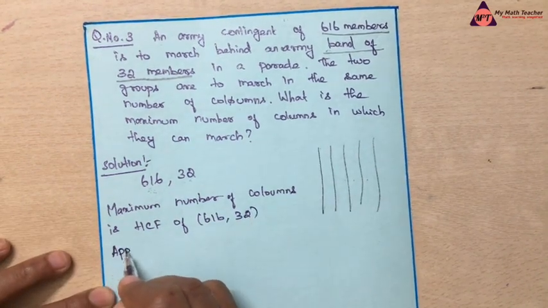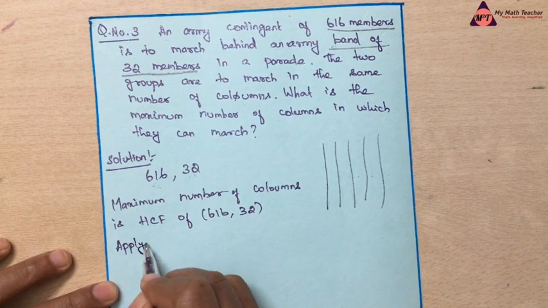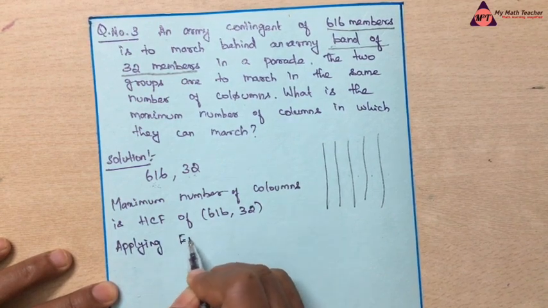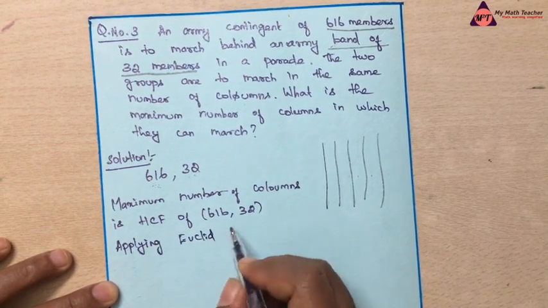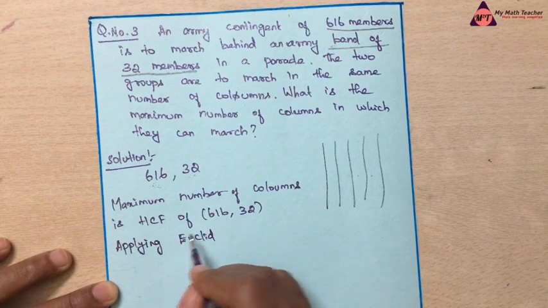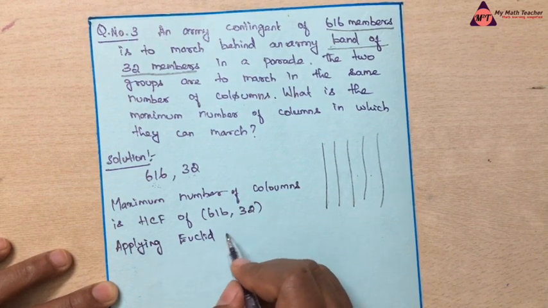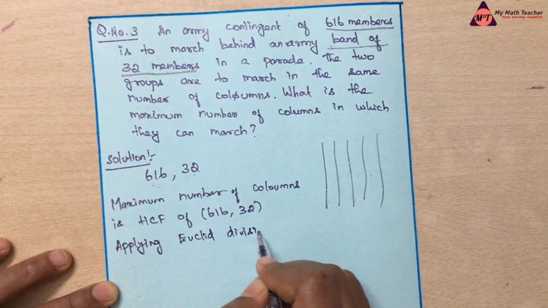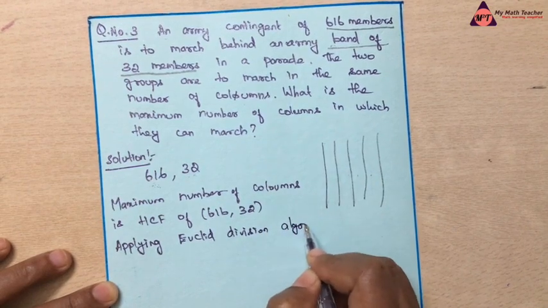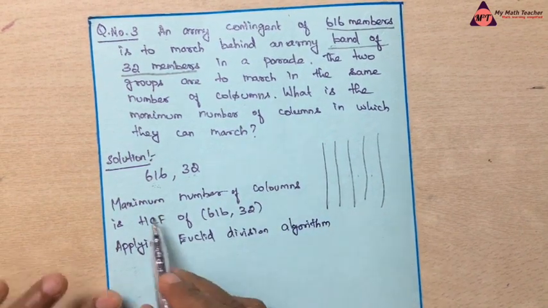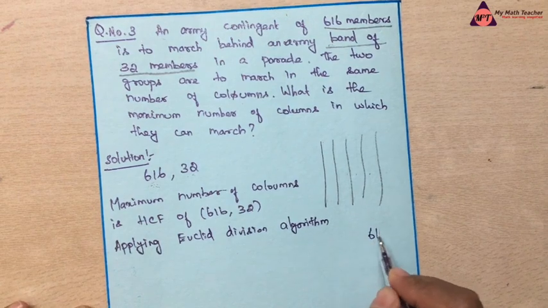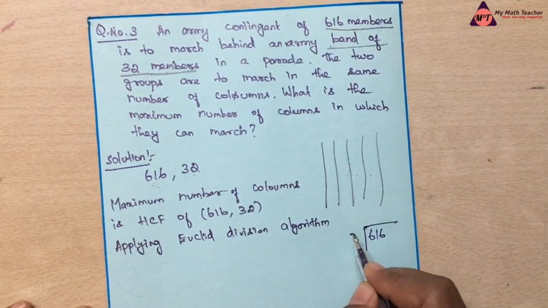Applying Euclid division algorithm, as this is the faster way of finding the HCF. What we will do? We will divide 616 by 32.